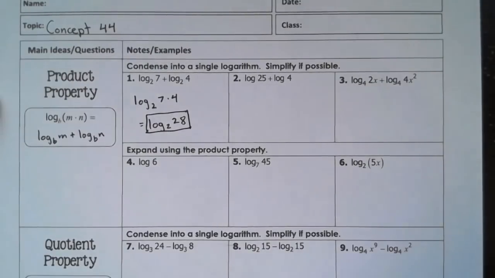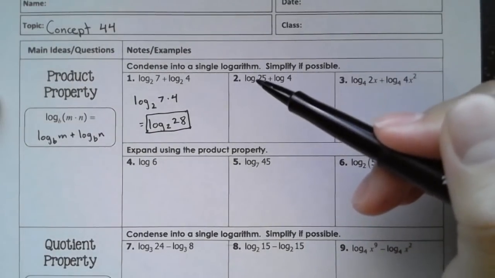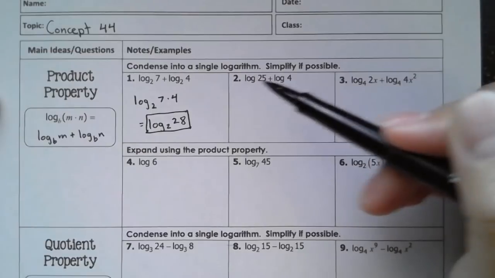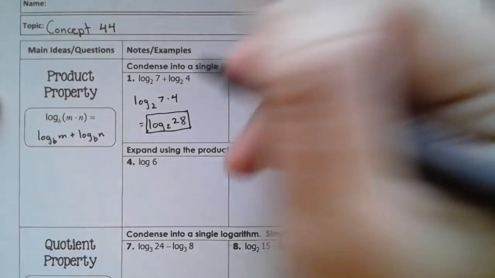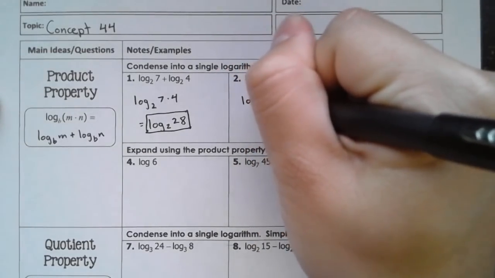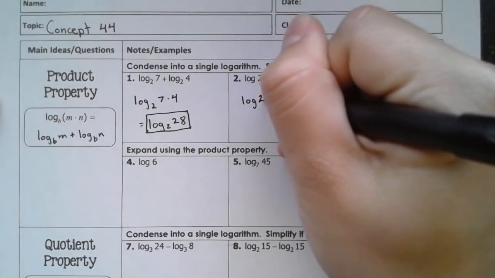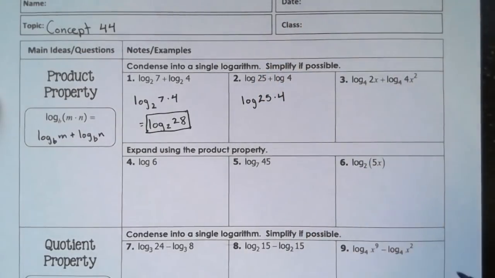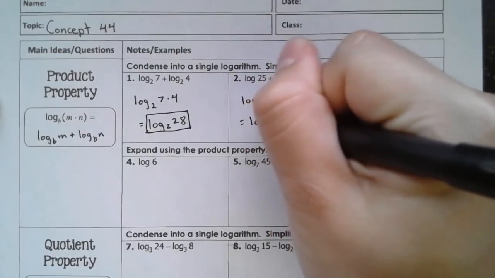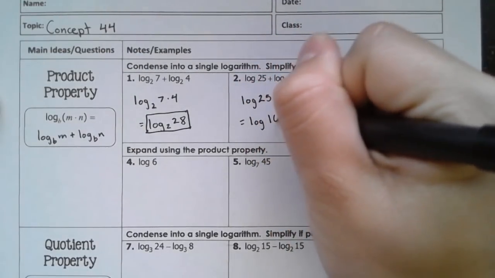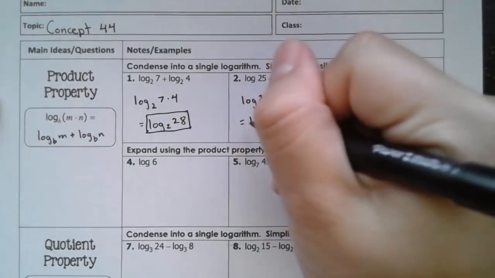Number 2, I have log, and remember, when there is no base given, we assume base 10. This is log base 10 of 25 times 4, and we can simplify that to log of 100.